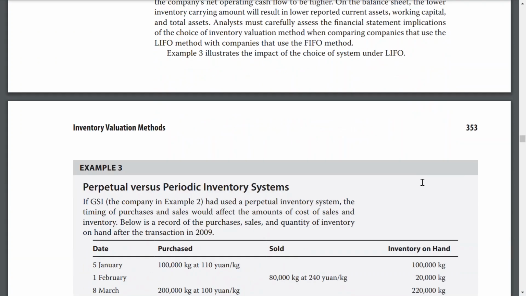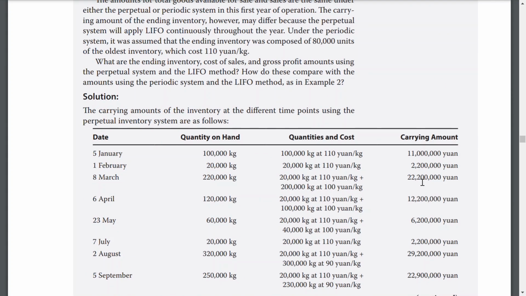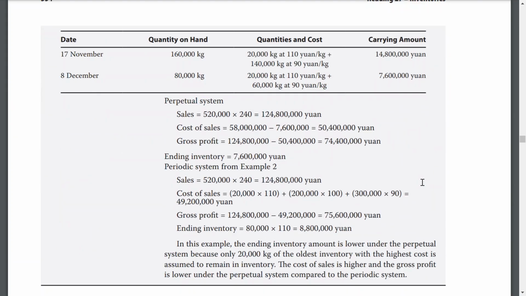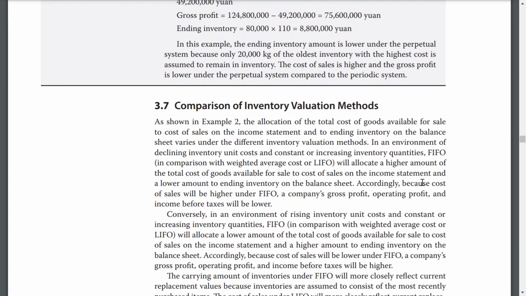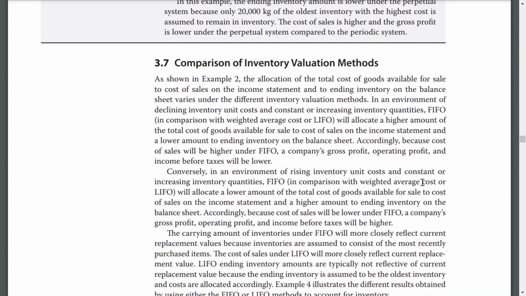Okay, so example 3 is here. Comparison of inventory valuation methods, as shown in example 2. The allocation of the total cost of goods available for sale to cost of sales on the income statement and ending inventory on the balance sheet varies under the different inventory valuation methods.